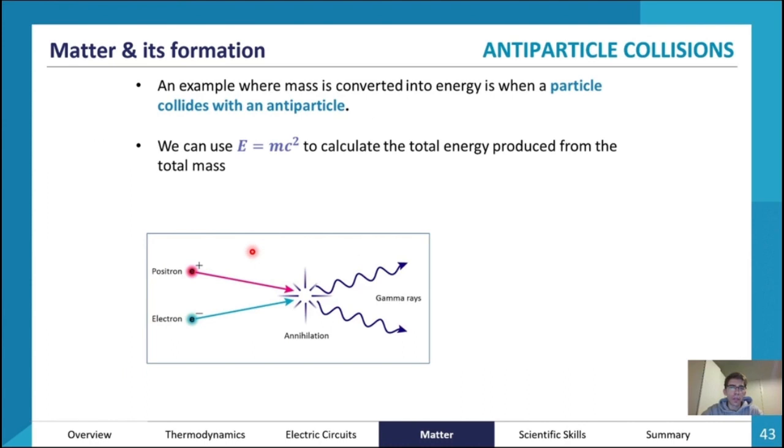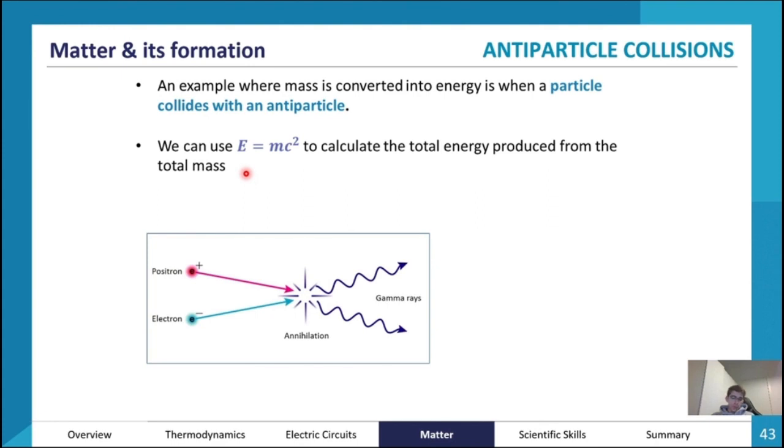And that is where Einstein's E = mc² becomes very useful, because if there is a difference in mass between the reactants and the products, we can calculate how much radiation or energy has been emitted, which is really cool.